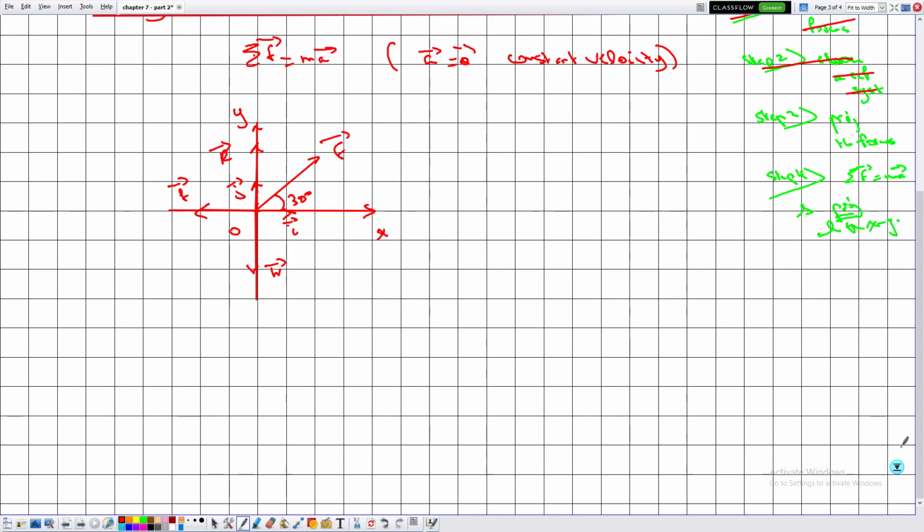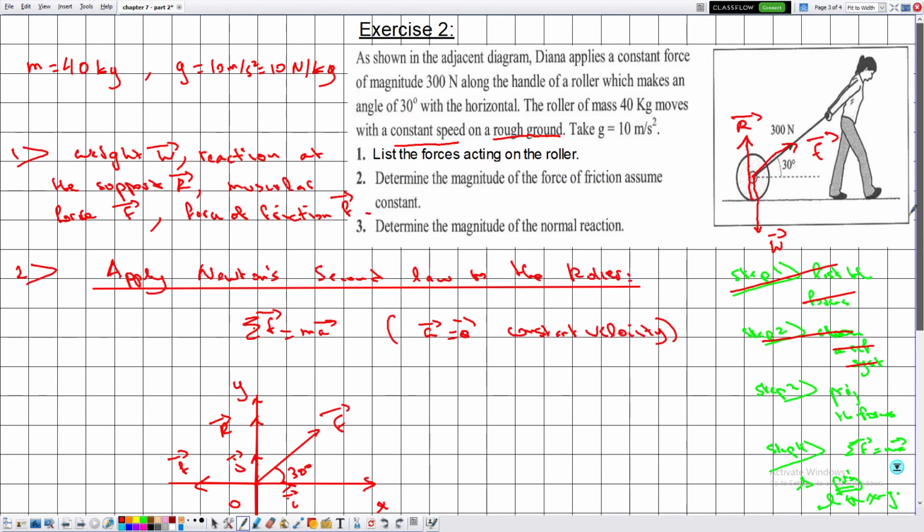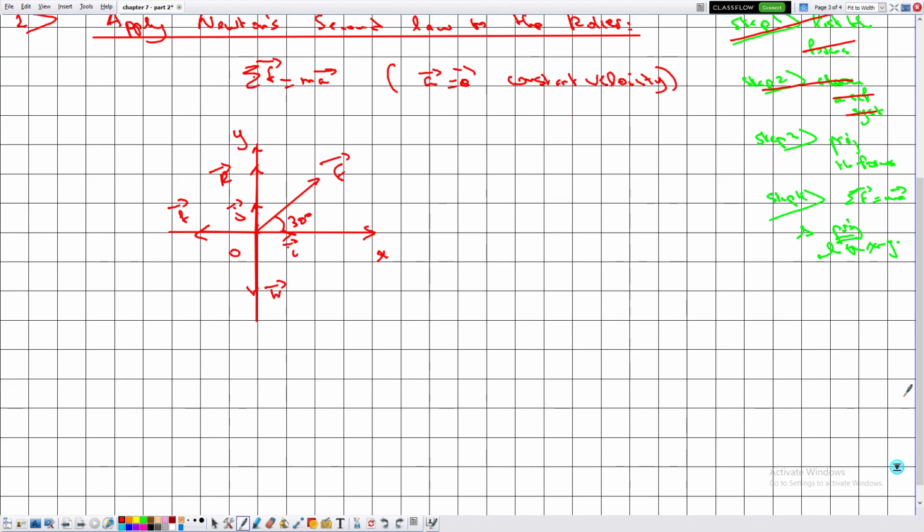Let's project them. So we are still in part 2. Now let's start with the force capital F, which is the force due to Diana. Now Fx, notice that x is pointing in the same direction as the x-axis, so it's plus F cosine 30. Now cosine 30 is given by radical 3 over 2, if I'm not wrong.